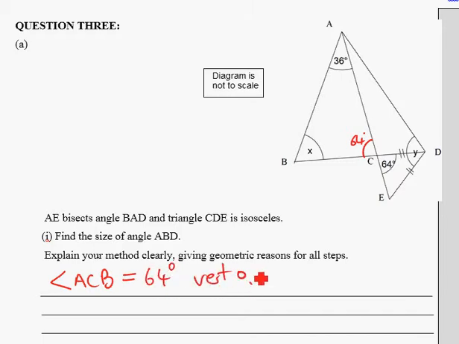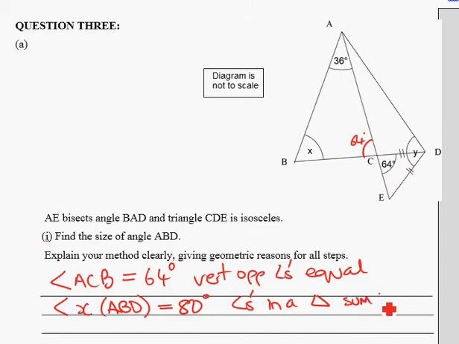It's vertically opposite angles are equal, and therefore angle X, which is ABD, equals 80, and that's because angles in a triangle sum to 180.